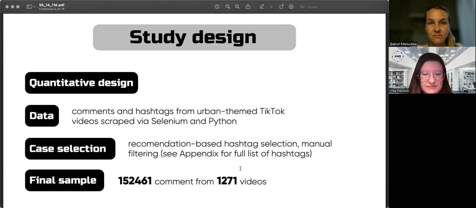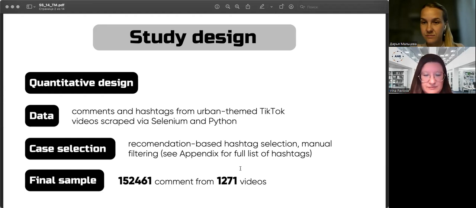those are larger. So my study was on discovering the latent topic structure of comments on the urban theme TikTok videos. I collected data by scraping TikTok, and I managed to get my hands on a little bit more than 150,000 comments from 1,200 videos.